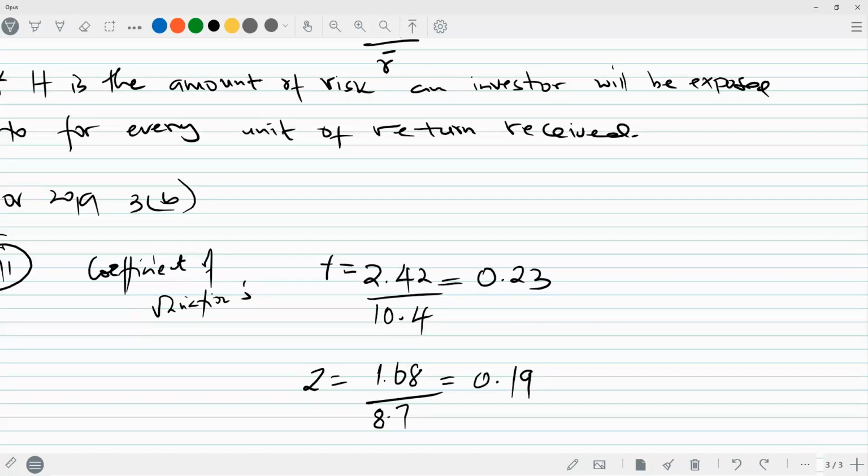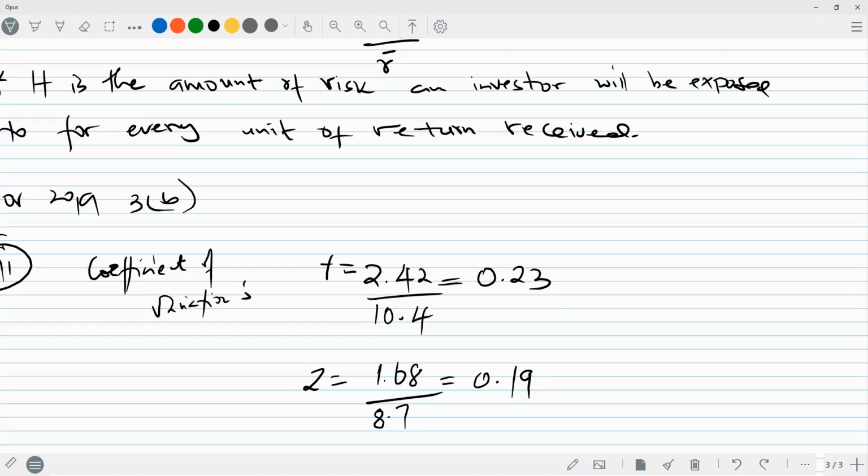Which one do you invest in, as required in number 3? The examiner asks you to advise the investor on which of the two securities to invest in. Do you invest in Y or in Z? You can invest in Z. Why?